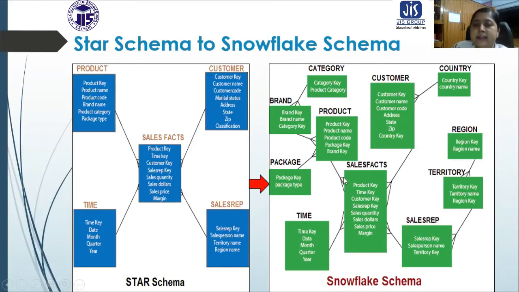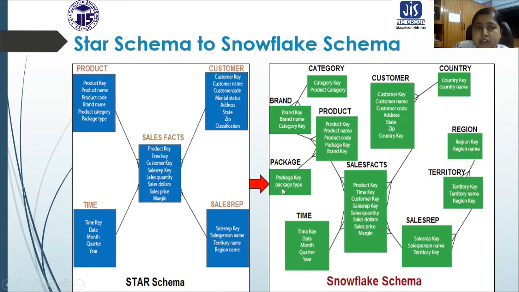The only thing you can see is the product table. The product table is directly connected with the sales fact table, but the product table is going to be normalized into brand and package. Previously there was only a brand name, but here brand is a different dimension that is connected with the product dimension.